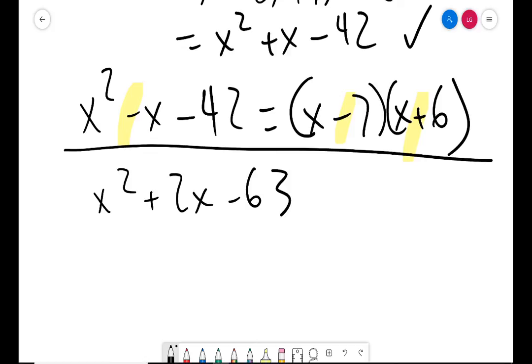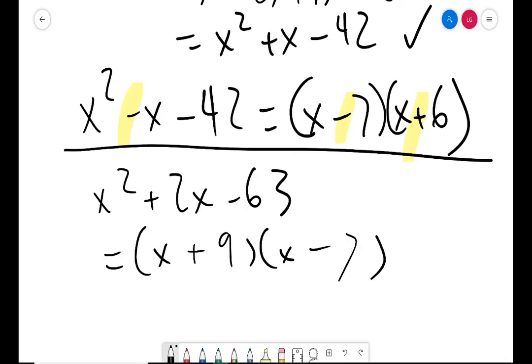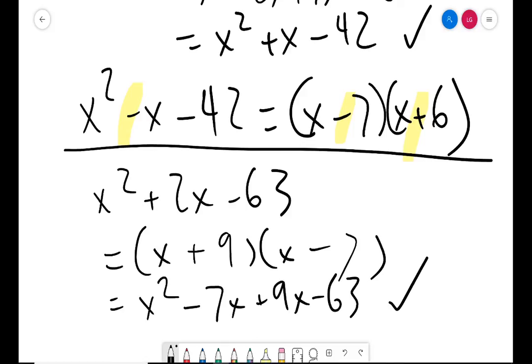Factor that. 9 times 7 is 63. Those will combine to positive 2x.